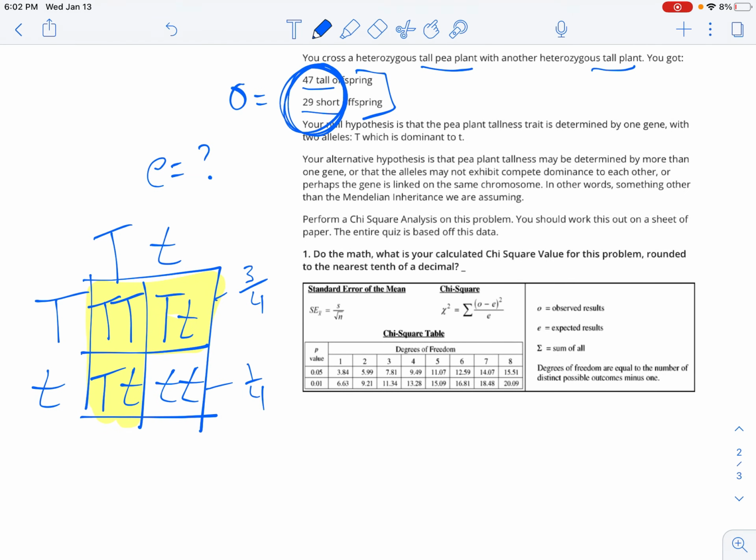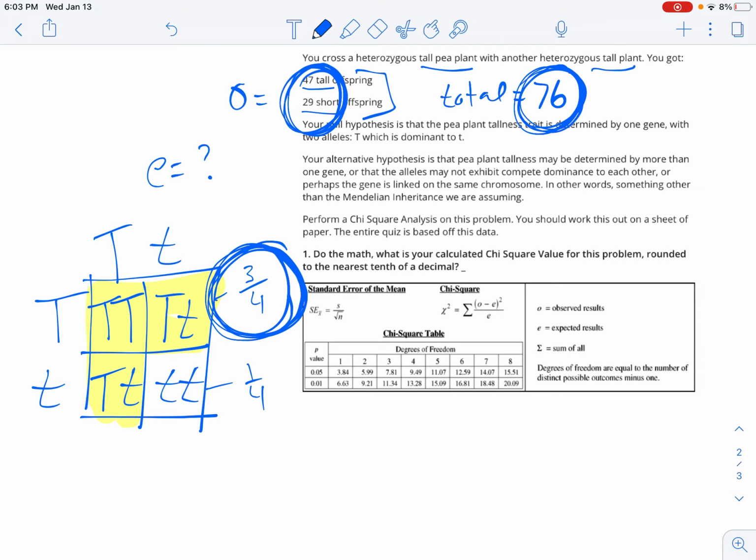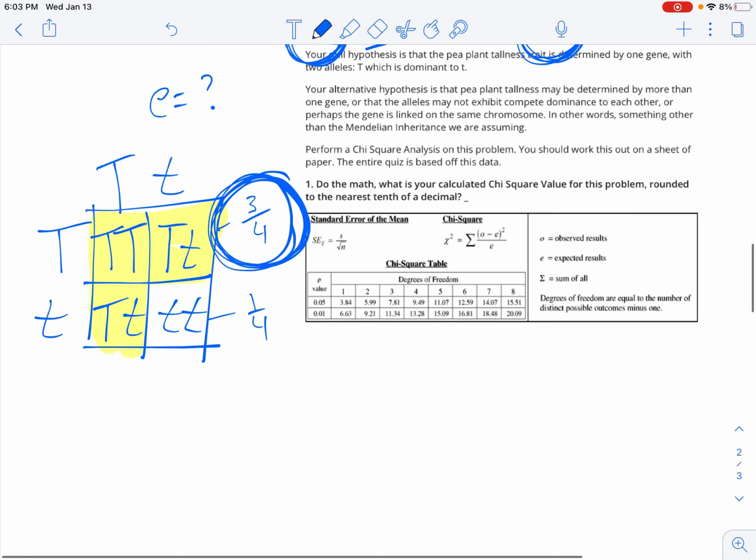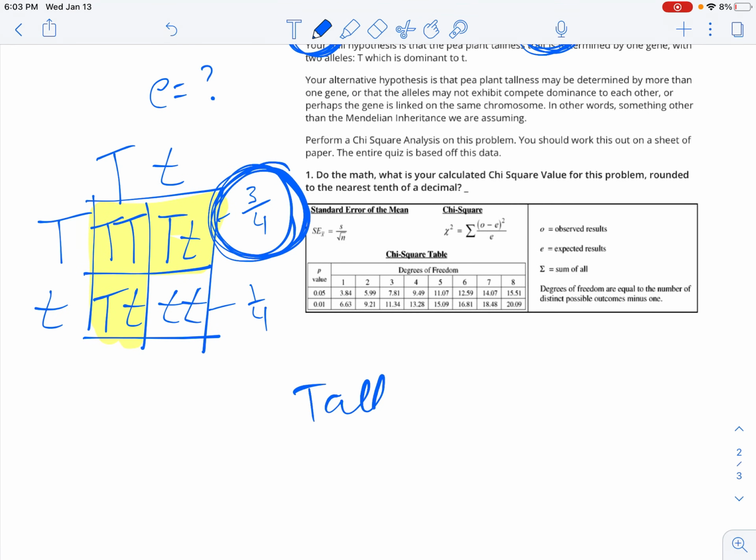Well, if we had 47 tall and 29 short, okay, what's our total? 47 plus 29 equals 76. So of these 76 pea plant offspring, how many would you expect to be tall? Well, 3/4 of them. So if I take 76 times 3/4, 76 times 3 divided by 4 equals 57.